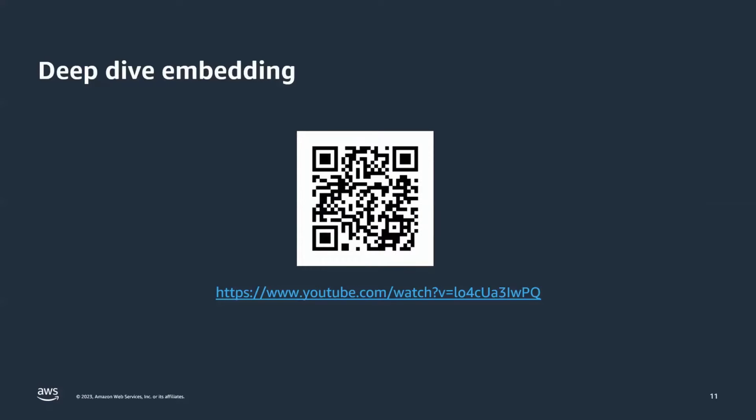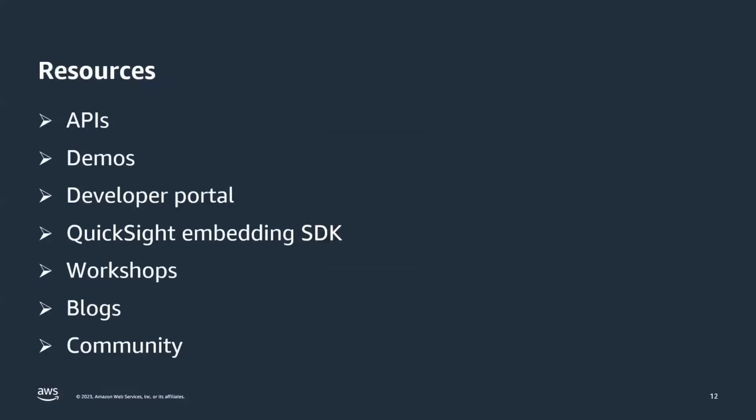Now coming to our next topic as part of the agenda, that is resources. So, as we are focusing mainly on various aspects of different resources for embedding, and as we go deeper, one-click embedding is fairly straightforward.